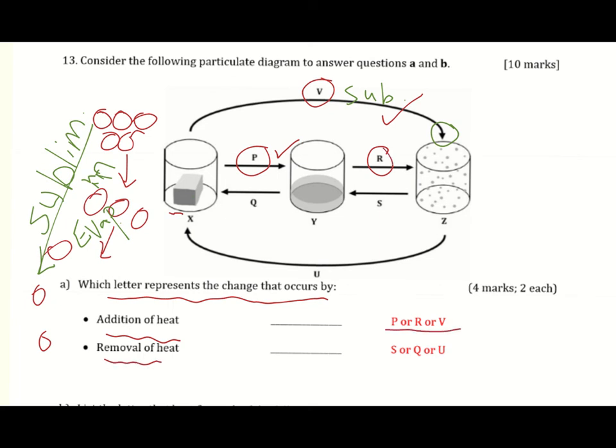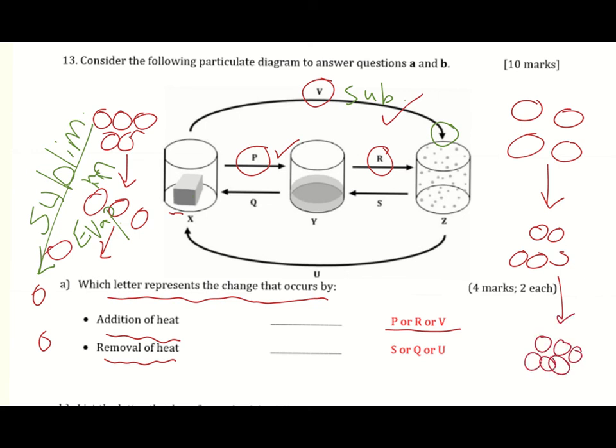Removal of heat, cool down. When you cool down a substance, you bring particles closer. If you have gas and you cool it down, the particles will get closer, forming liquid. And if you cool the liquid, it will be changed into solid. So those changes happen by removal of heat. Changing from liquid to solid is freezing.